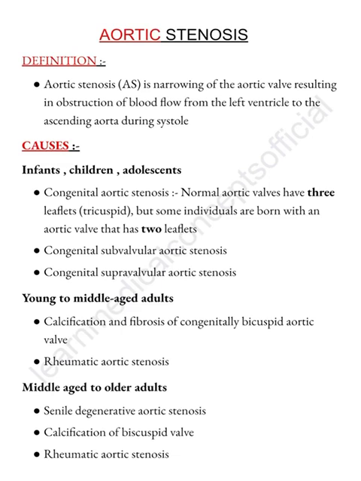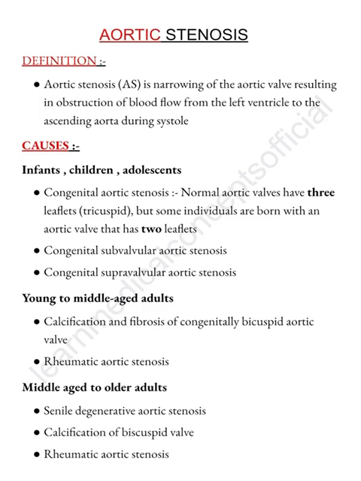The most common mutation responsible for congenital aortic stenosis is Notch1. The second cause is congenital subvalvular aortic stenosis, where the defect is below the aortic valve. And the third one, congenital supravalvular aortic stenosis, where the defect is above the valve.